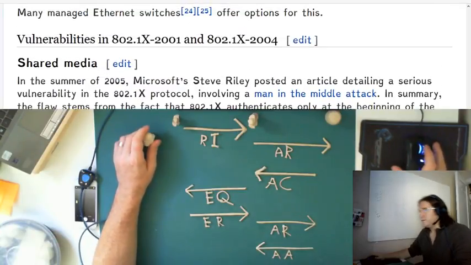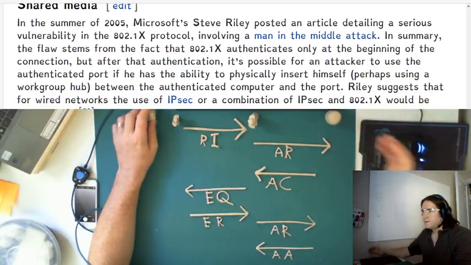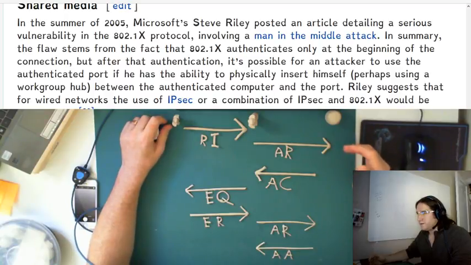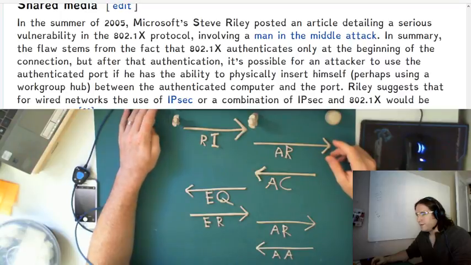Vulnerabilities of 802.1x. In the summer of 2005, an article was posted detailing a serious vulnerability in the 802.1x protocol involving a man-in-the-middle attack. In summary, the flaw stems from the fact that 802.1x authenticates only at the beginning of the connection.